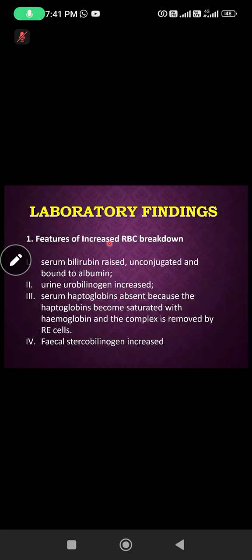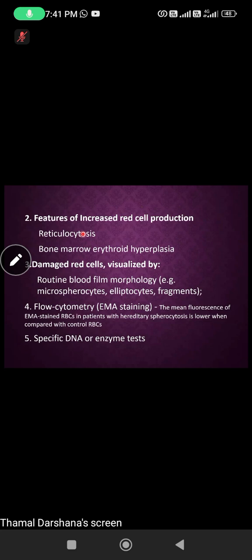Now, what are the laboratory indications of increased red cell production? The reticulocytosis, you can measure the reticulocyte count. It is high.